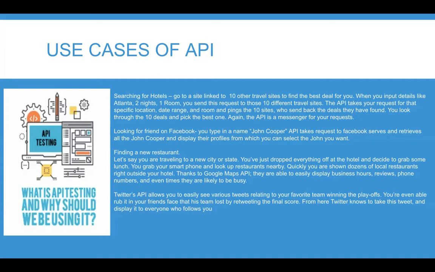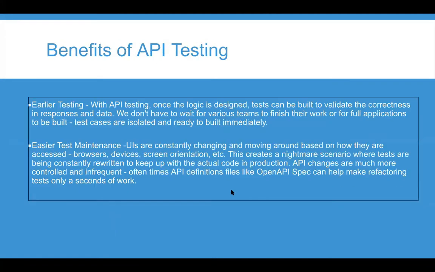We talked about instances like searching for a particular friend on Facebook. So anything that makes you carry out a request and provides you with a response makes use of an API. So those are the kind of use cases we talked about.